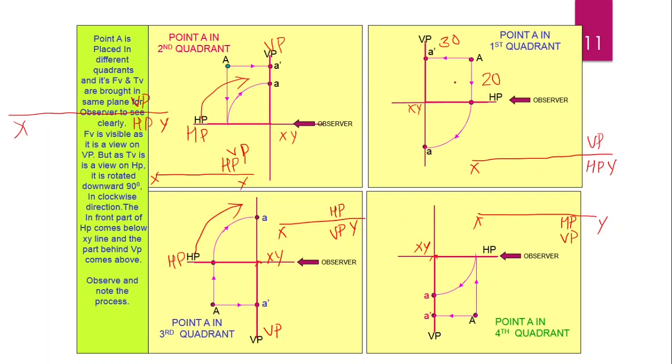Then how can we represent the orthographic projection of this particular point A? Here we can say that in front view, in VP, we can represent the distance from HP, 20 mm.